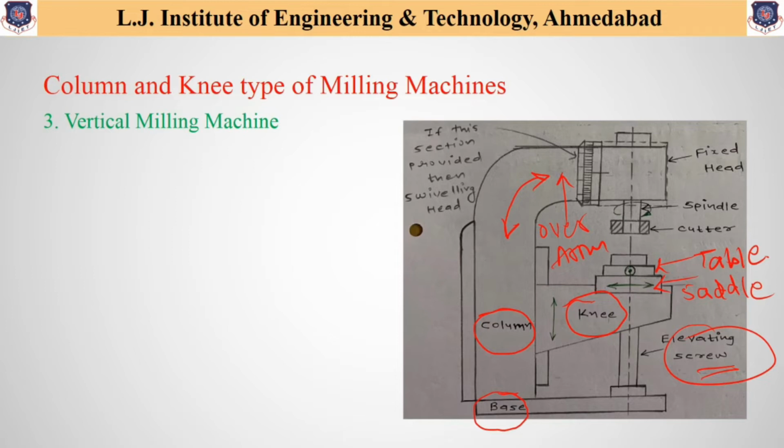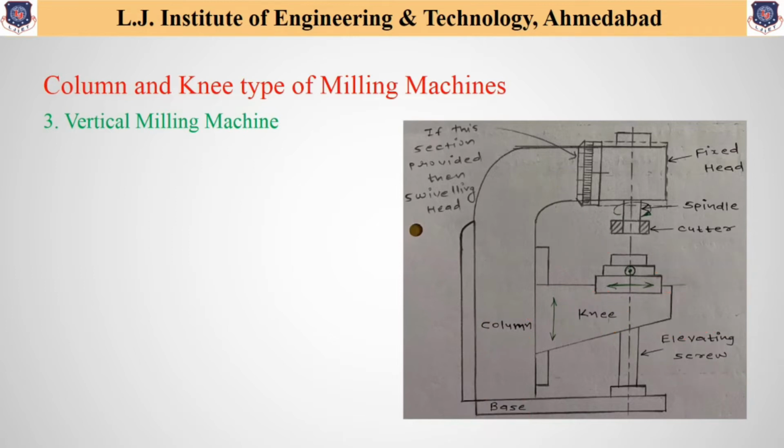Now, starting in detail, first of all, as one can see, the spindle provided here has a vertical position, and hence this machine is called the vertical milling machine. As we discussed in our first lecture, as the shaft is provided in vertical condition, it is called the spindle, and it is used to hold the cutter, which is shown over here.